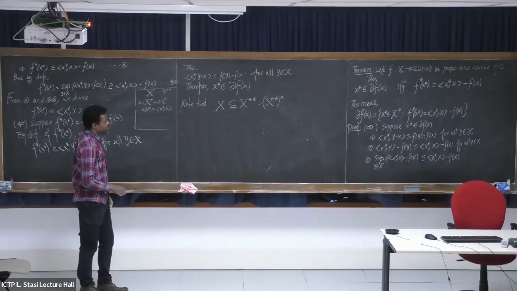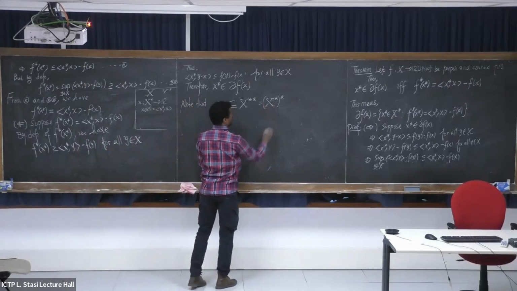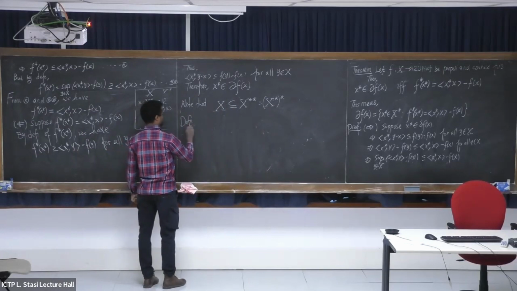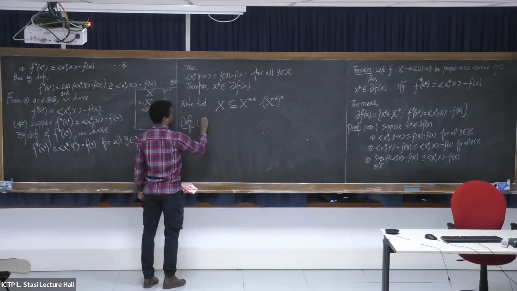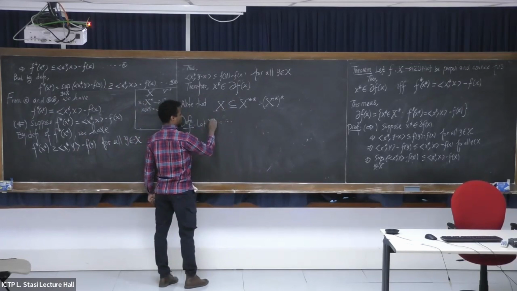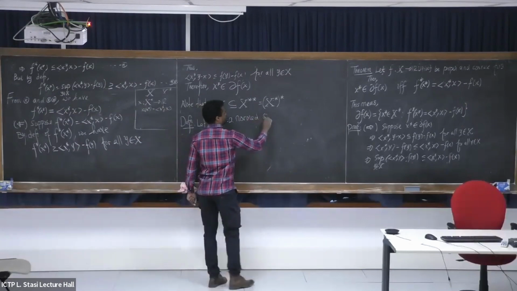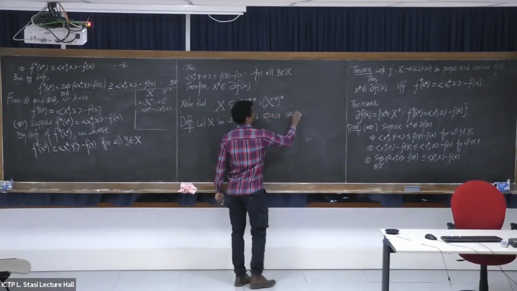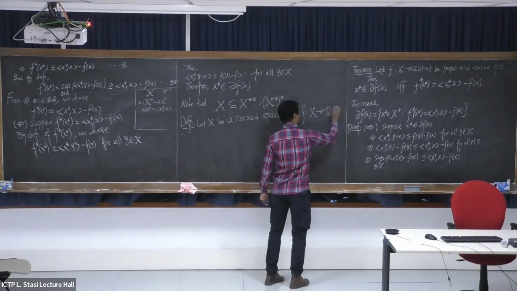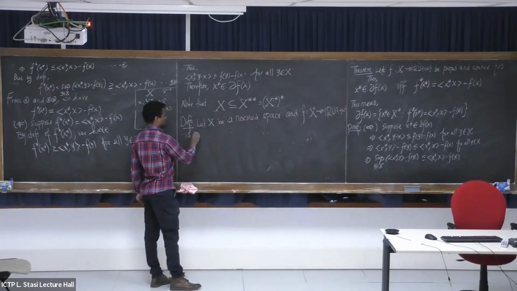Now, I will try to define the conjugate of the biconjugate function. Let X be a normed space. We take a proper function. That's enough.